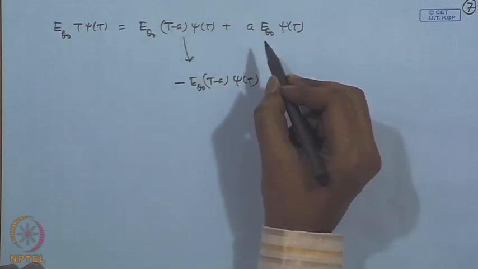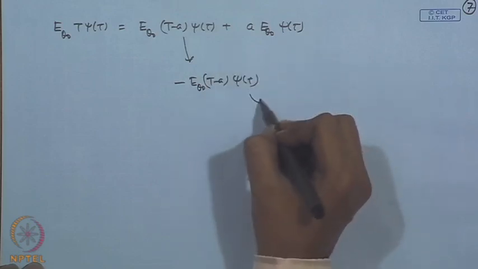So, if this is equal to 0, then this will become equal to 0.